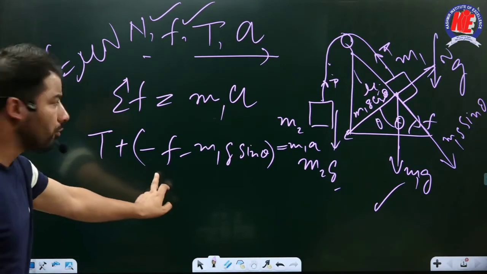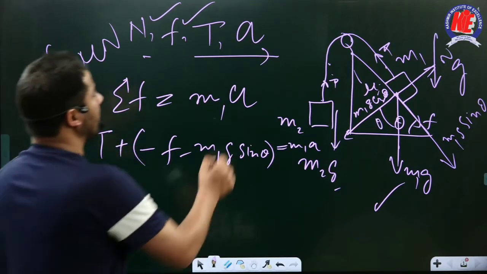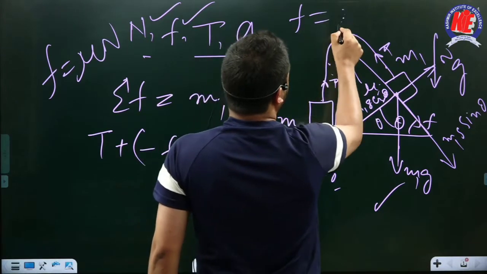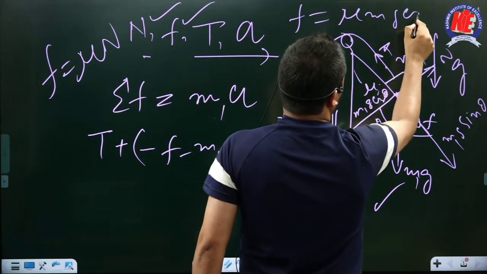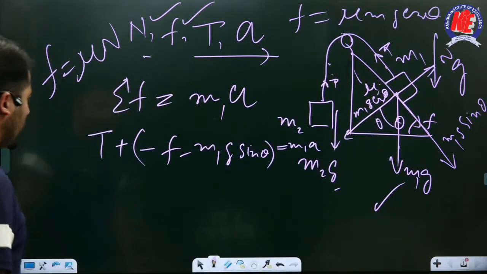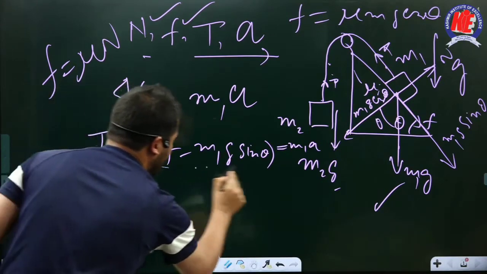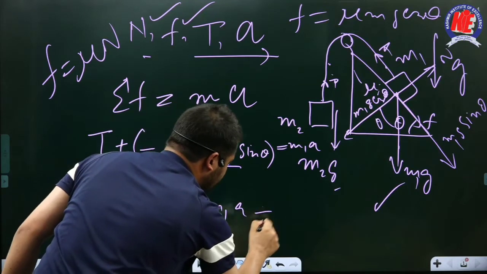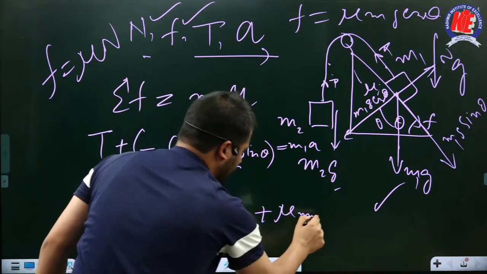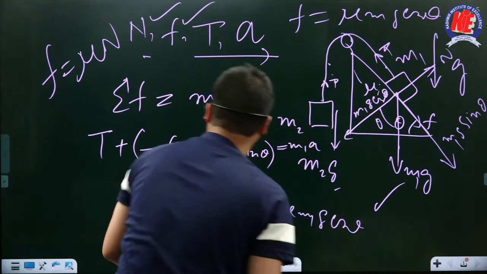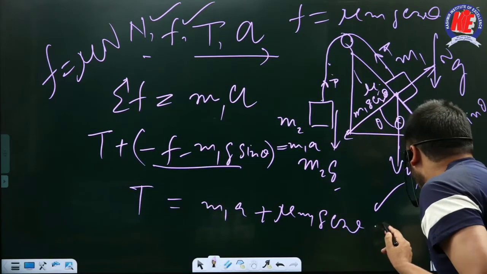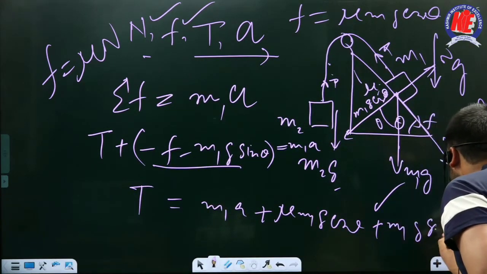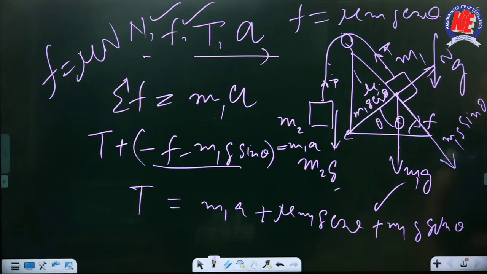The value of frictional force, as you got before, was mu m g cos of theta. I can put its value here. If I transform this, I will get simply M1 a plus mu M1 g cos of theta, plus M1 g sine of theta. This is the equation that I have in hand right now.